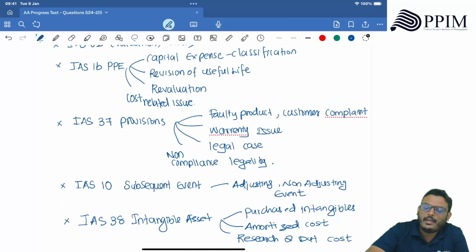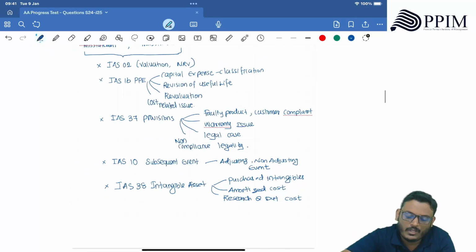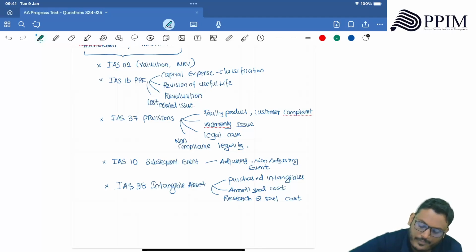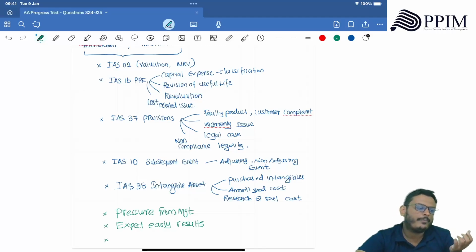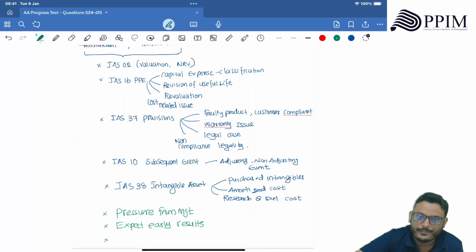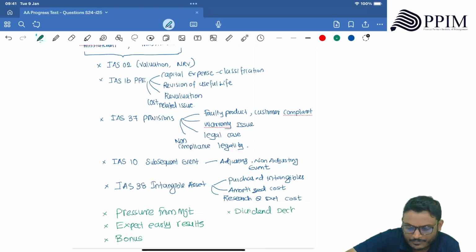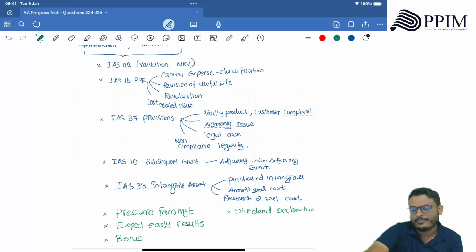Apart from that, it can be pressure from management, expecting early results, which means they are pushing auditor to provide the results as soon as possible, too early. Bonus, dividend declaration, right?